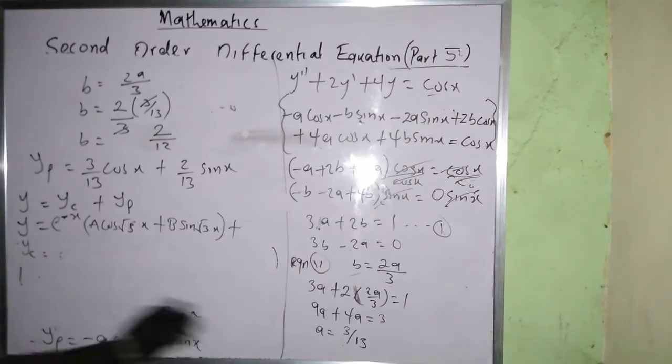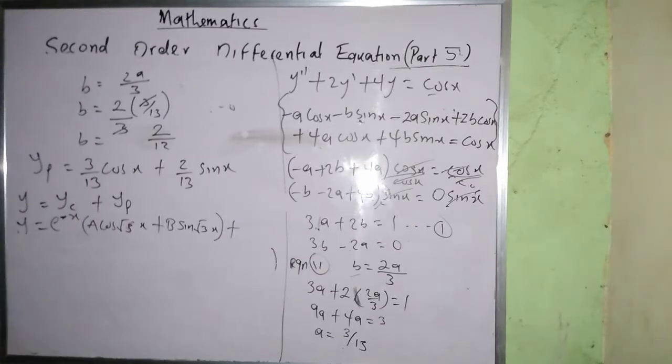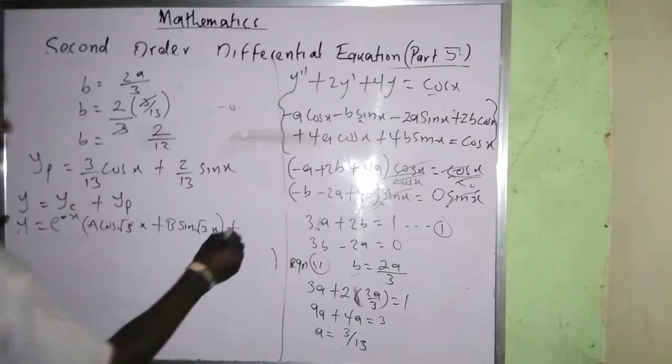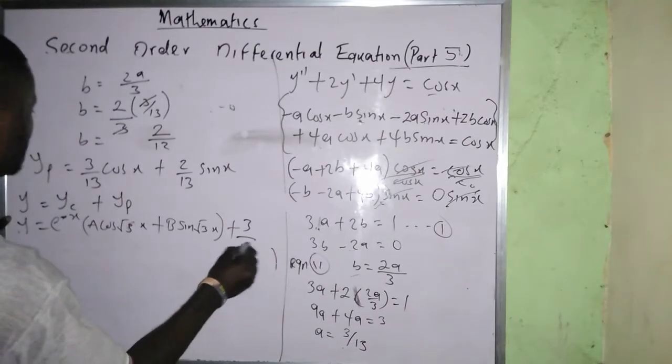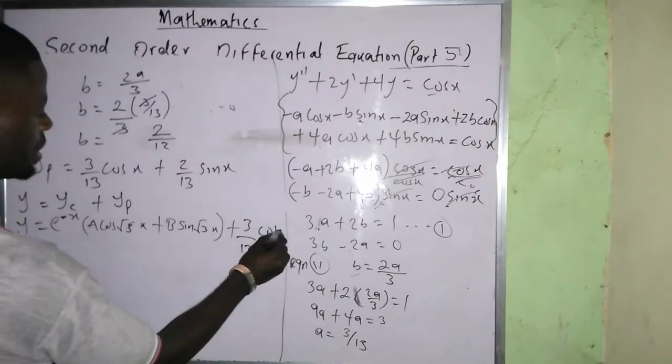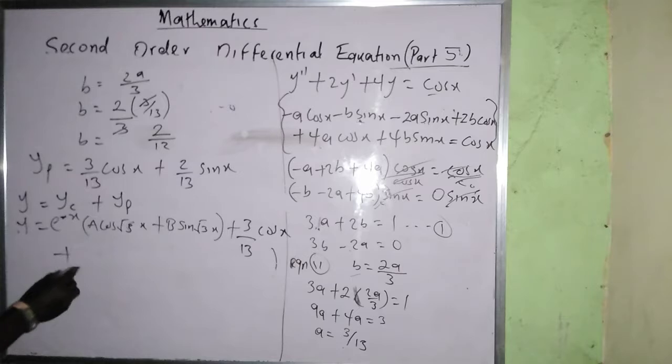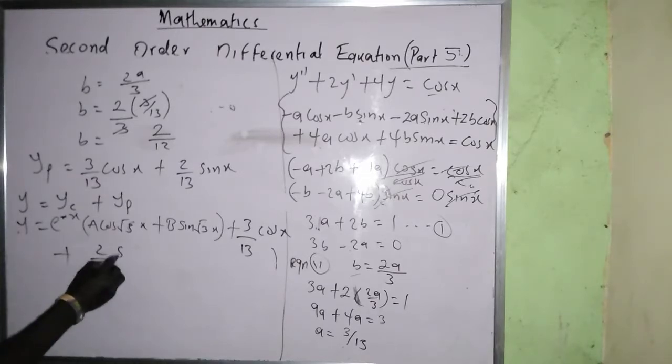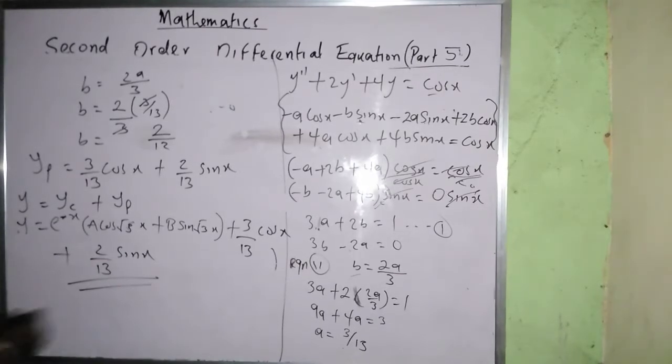My y particular is what I'm having here: 3 all over 13 cos x plus 2 all over 13 sine x. That's my final answer.